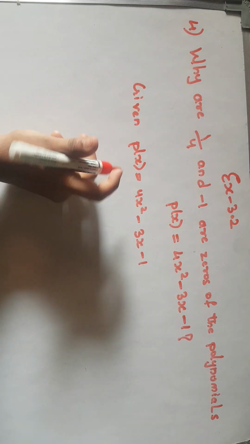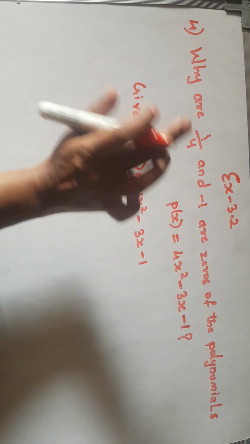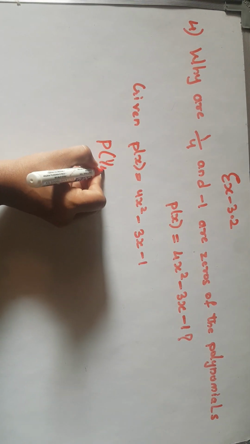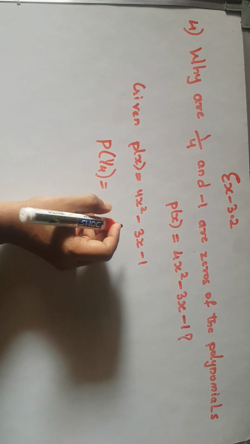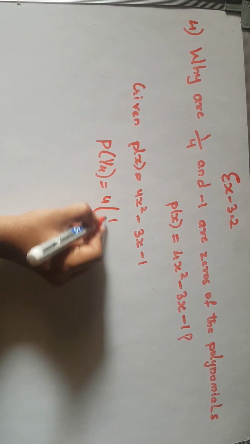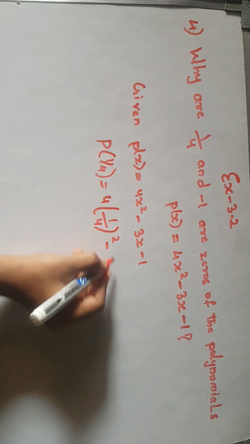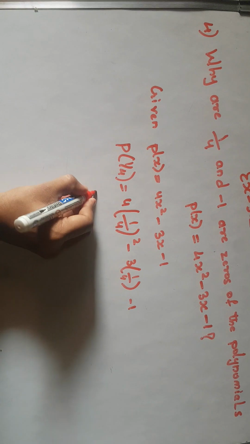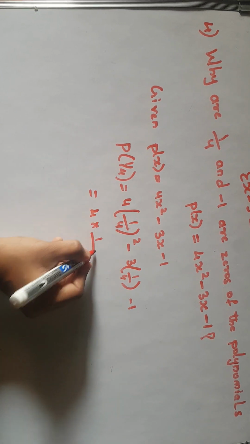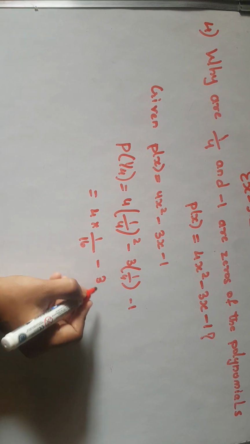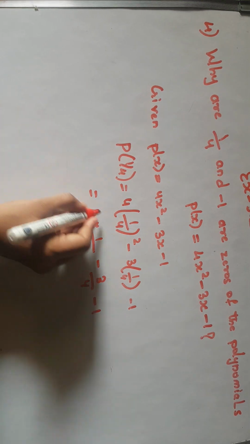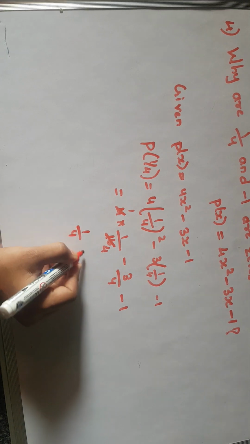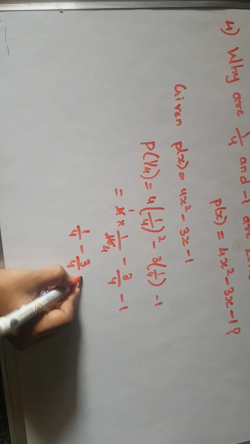We have to find p of 1 by 4, since 1 by 4 and minus 1 are zeros of the polynomial. Now only I have explained you zeros of the polynomial. So 4 into 1 by 4 whole square minus 3 into 1 by 4 minus 1, that is equal to 4 into 1 by 16 minus 3 by 4 minus 1.